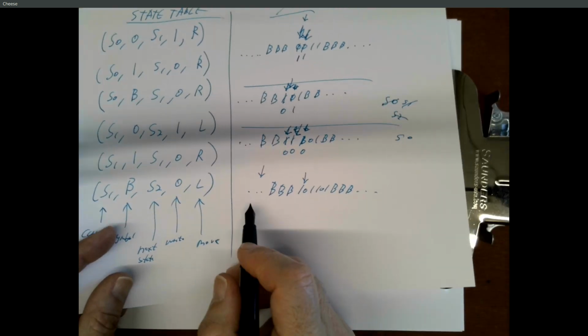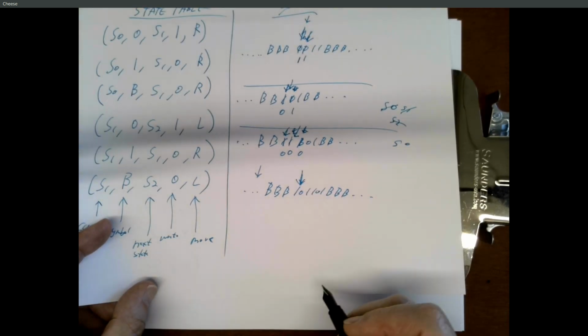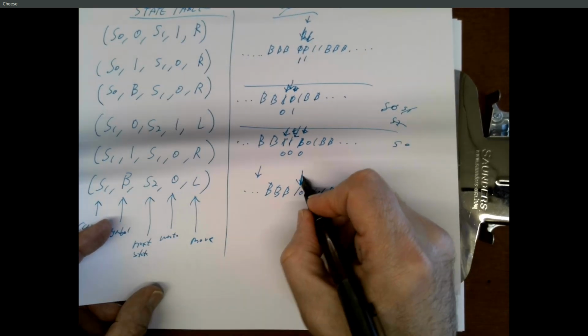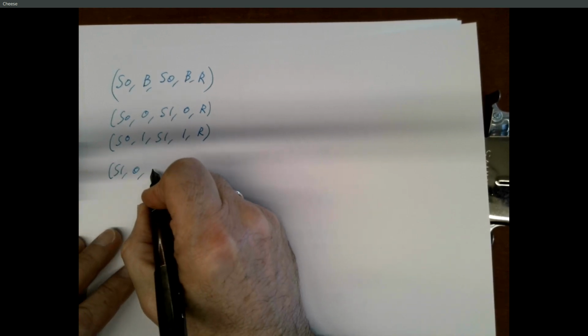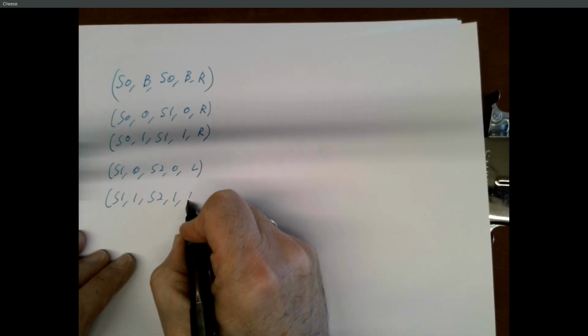So now we've moved all the way over until we got to something which was a 0 or a 1. We left that digit unchanged, and we moved one spot over to the right, and went to a new state, S1. If we're in S1 and there's a 0, I'll move to S2, leave a 0 and move left. If we're in S1 and there's a 1, I'll move to S2, leave the 1 and move left.